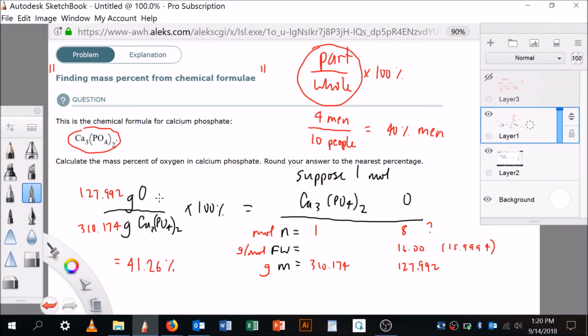And my 41.26% is supposed to round to the nearest percentage, so I'm going to report this as 41% in my Alex, and that is right.